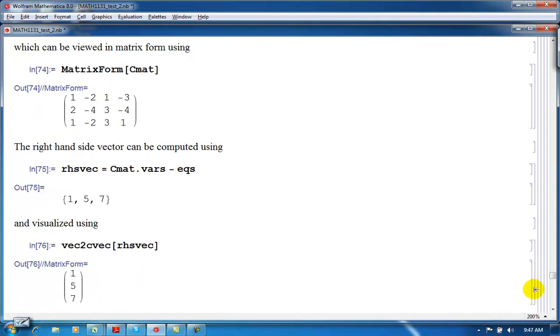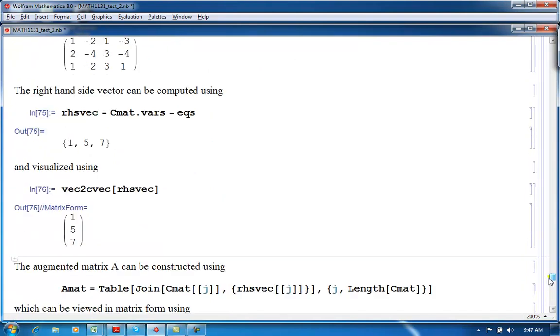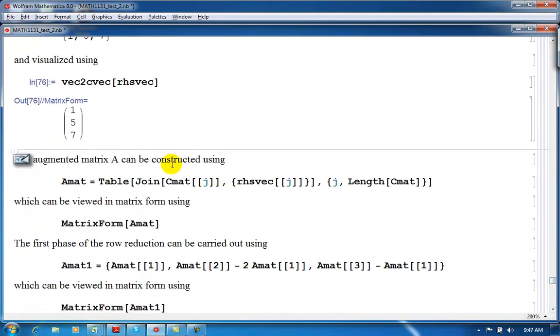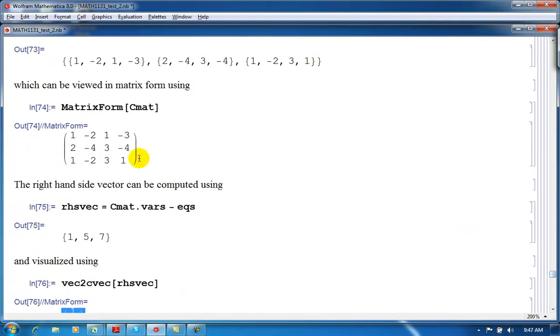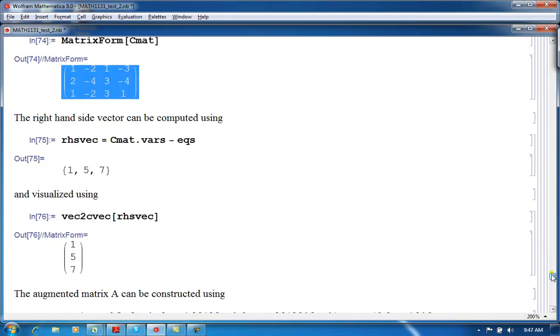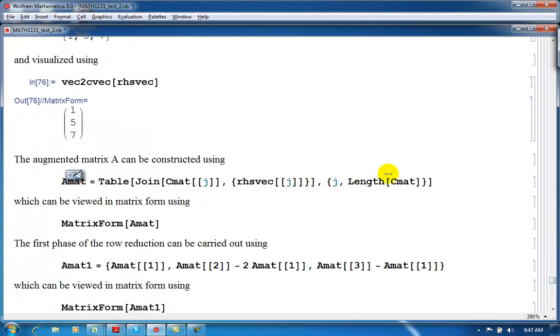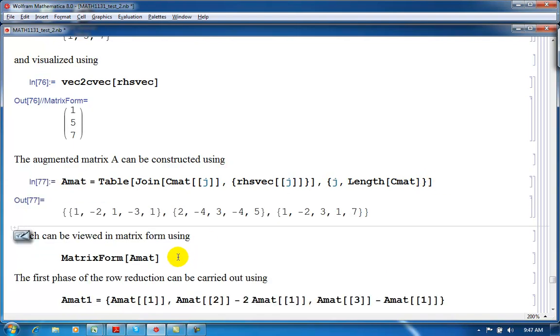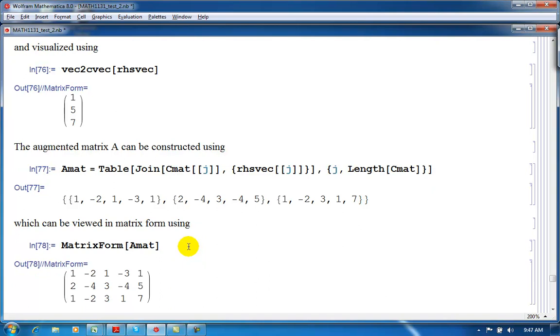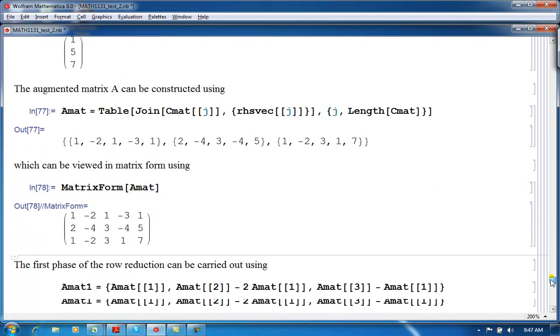So that's the right-hand side vector. And now to get the augmented matrix, we join this vector onto this matrix here, and we can do that using this. And there we go.